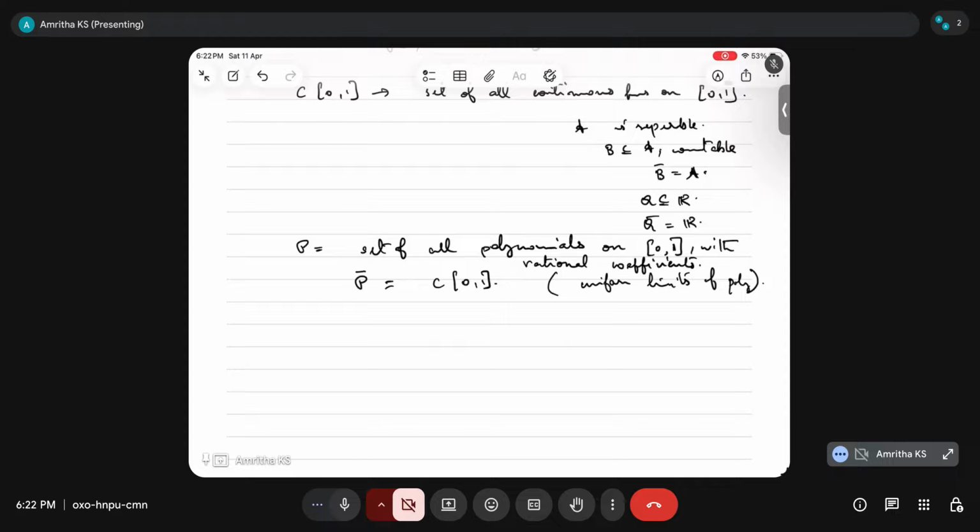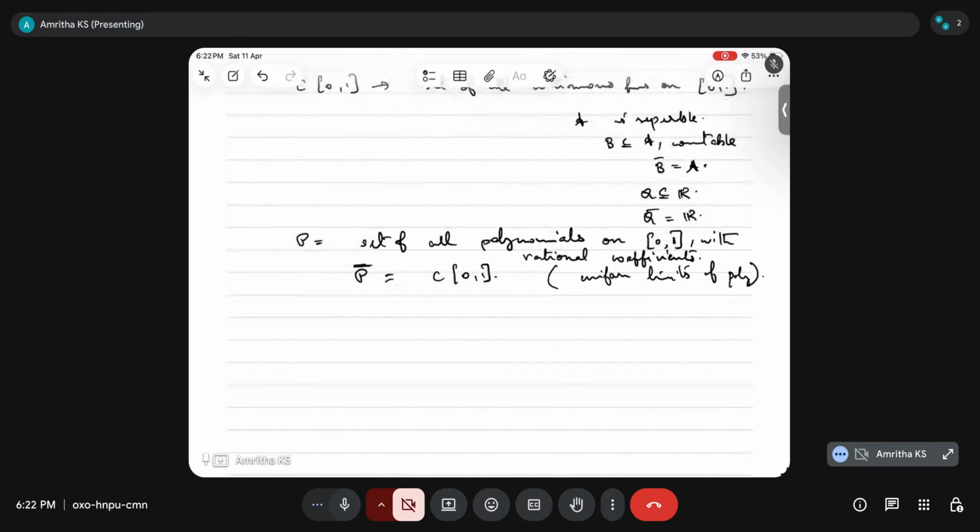So that means the closure of this set as well would give me this. Okay. So please write down and try to understand. Please note that we are not taking the set of all polynomials. Okay.